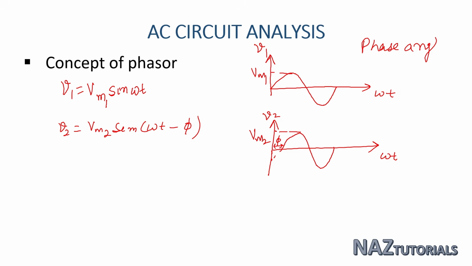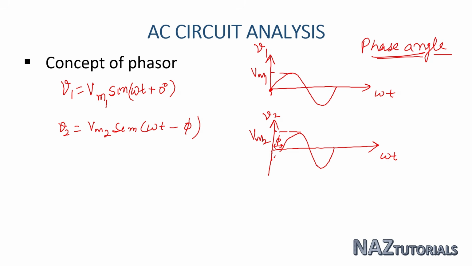The concept of phase angle states that it is the angle made from the reference line. For the voltage waveform V1, omega t equals 0 is our reference point, so this 0 degree is defined as the phase angle.